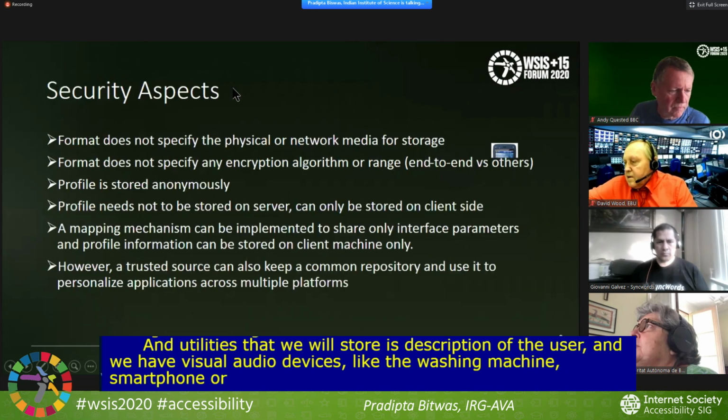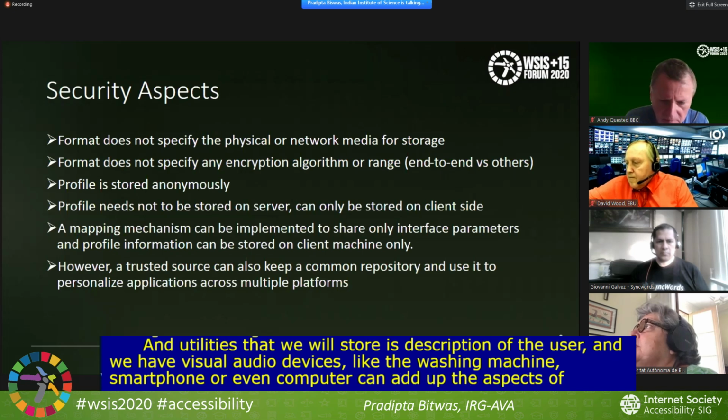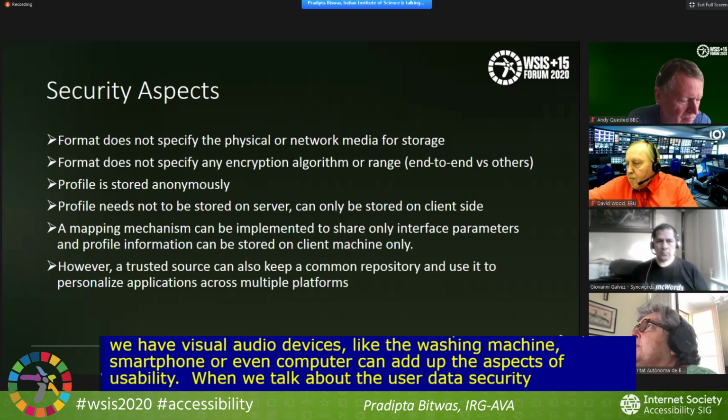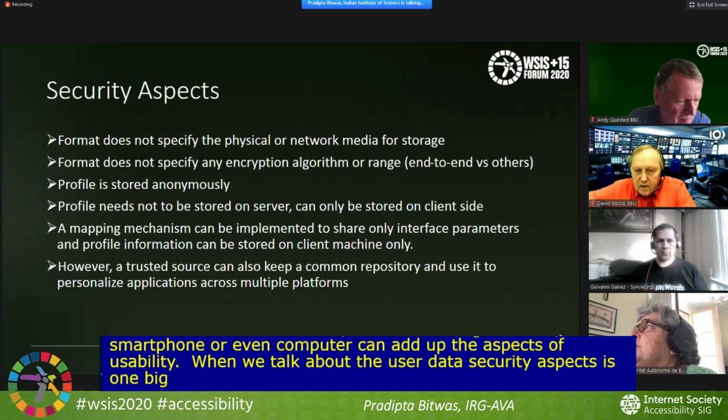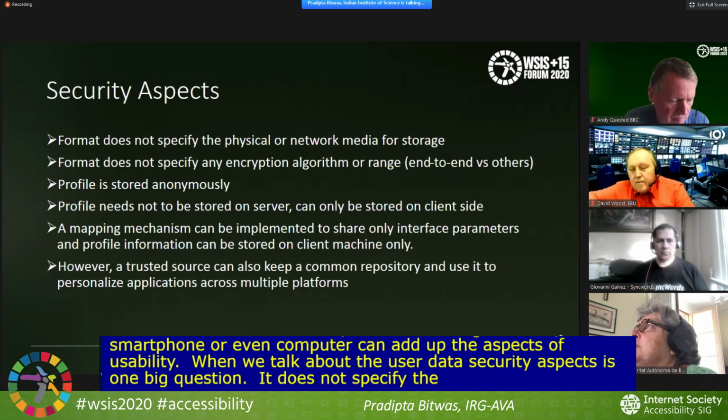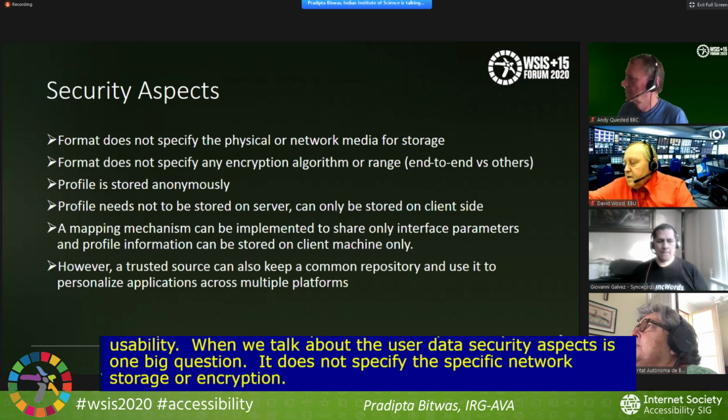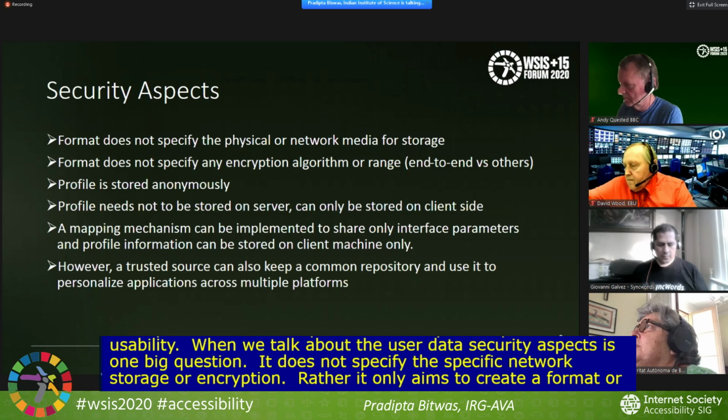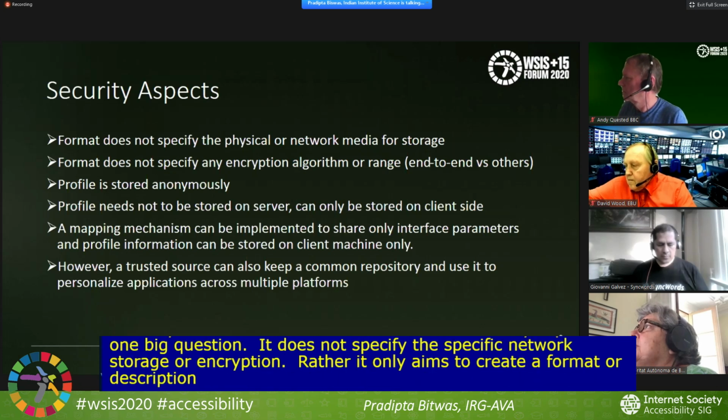Whenever we are talking about storing user data, security is one big question. This format does not specify the physical or network media for storage, and it doesn't talk about any encryption. Rather, it only aims to create a format of description which a third-party application can decide how to use.